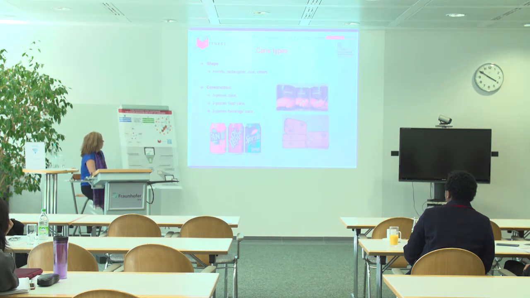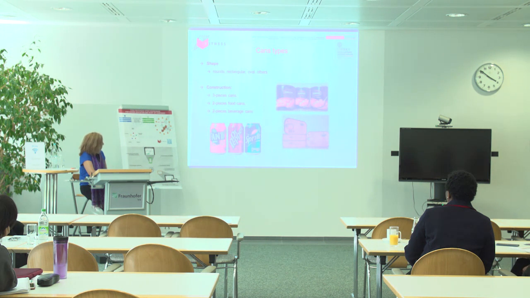Then we have the 3 pieces cans, which are like these. They are 3 pieces because we have a top, a bottom, and a body. Here it is not easily seen, but there is a seam somewhere on the body. So the body is seamed. So we have 1 piece, 2 pieces, 3 pieces. And these are 2 pieces, in this case 2 pieces food cans and 2 pieces beverage cans.